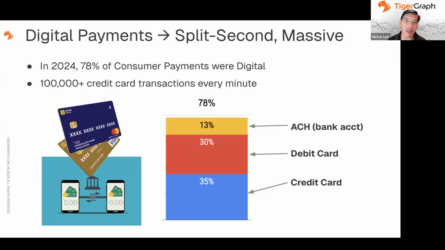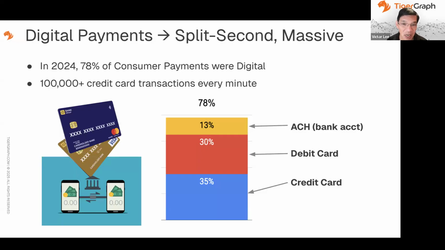If you think about it, digital payments now dominate consumer activity in the US and around most of the world. Personally, I hardly ever carry cash with me. I pay for almost everything either with a credit card, as 35% of transactions in the US now are, or with a debit card, another 30%, or a direct bank-to-bank transfer, which is another 13%.